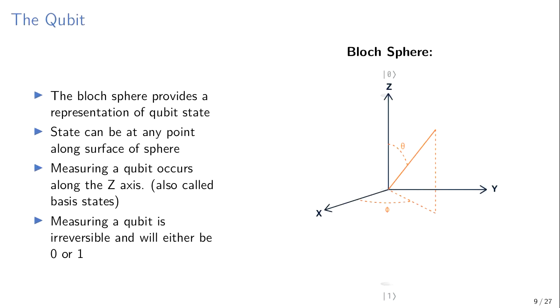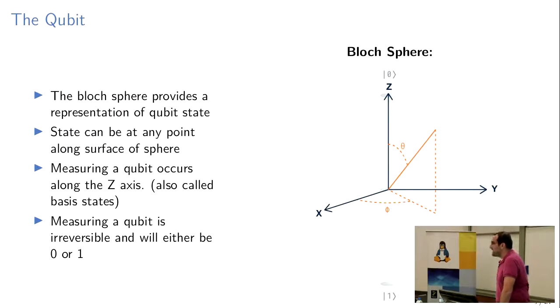And to start, we need to talk about the qubit, or the quantum bit. The easiest way to think about a qubit is using the Bloch sphere, which is that sphere on the right. You can think of the state of the qubit as being any point along the surface of that sphere.